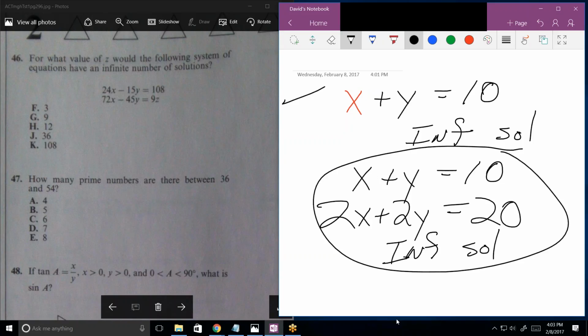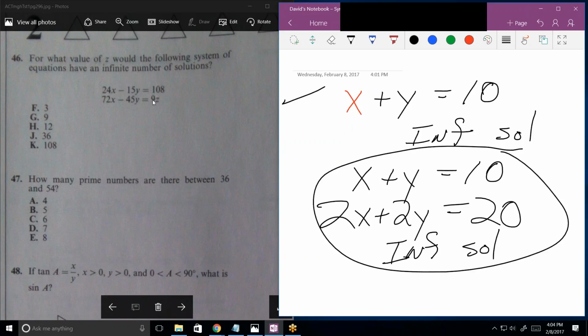So with questions like this, basically, what do you see on the left side here? Infinite solutions? Well, you see that everything on the bottom is 3 times the top. 72 is 3 times 24. 45 is 3 times 15.